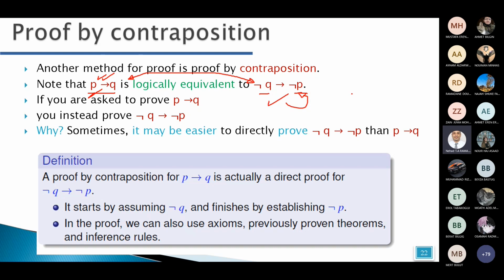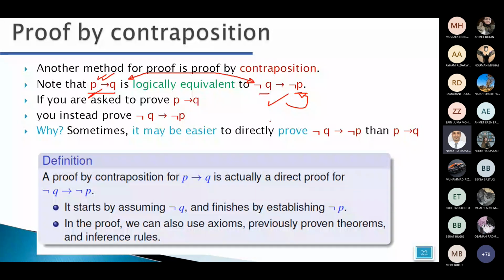Okay, P implies Q. If we start from the conclusion and say that the conclusion is not correct, and we reach that the assumption is not correct, this means the opposite, which is that the assumption implies the conclusion is correct. So this is the idea.